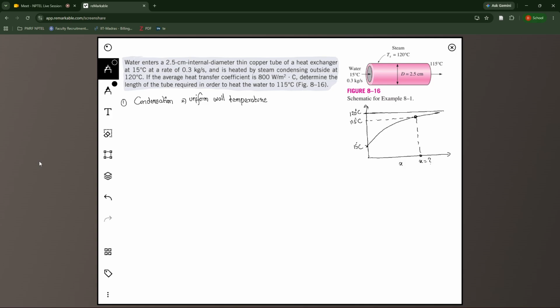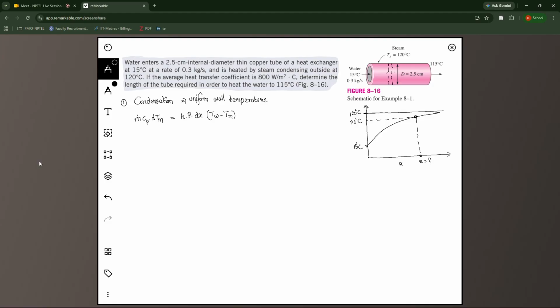If I take a simple cross section here, then across this the temperature change is dTm, m dot is the flow rate, Cp is the specific heat, and that should be equal to the net heat transfer, which is the heat gained from the steam on either side, which is h times the total surface area, which is P times dx, where P is the perimeter, times wall temperature minus mean temperature.